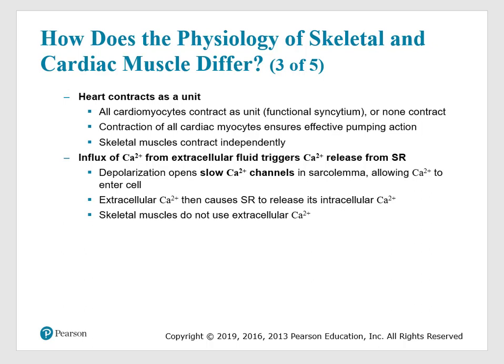In your skeletal muscles, the calcium mostly comes from your sarcoplasmic reticulum. In your heart muscles, on the other hand, you have influx coming from both the sarcoplasmic reticulum as well as extracellular fluid calcium. So initially you have an influx of calcium coming from extracellular fluid, and then you have the release of calcium from the sarcoplasmic reticulum.